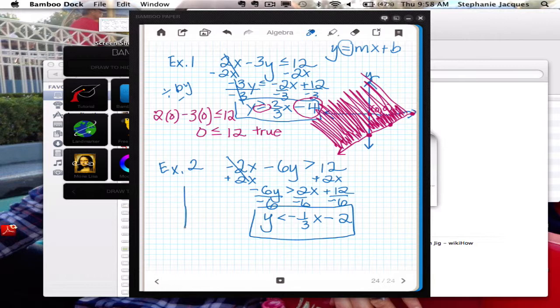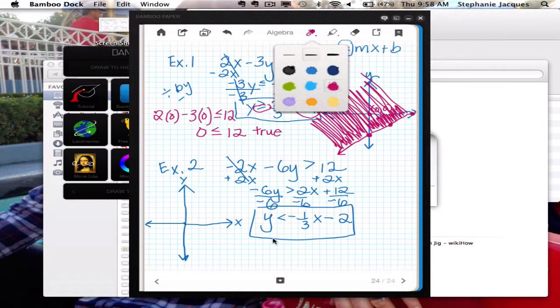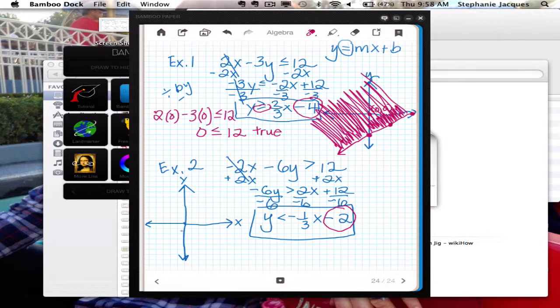So draw my line. There's my x-axis. Here's my y-axis. So I start, once again, let me change my ink color. Okay, I'm going to start at that negative 2 because that's my y-intercept. So I go down 2, put my point, and now I'm going to drop 1 over 3. 1, 2, 3.